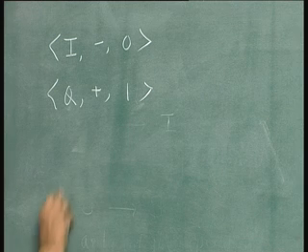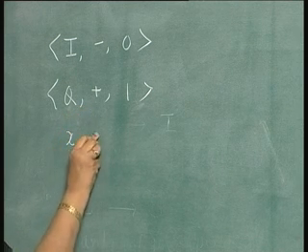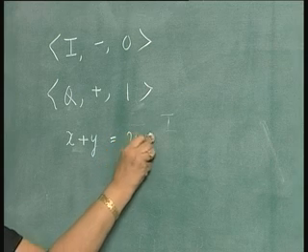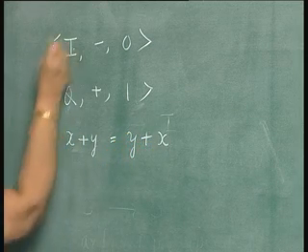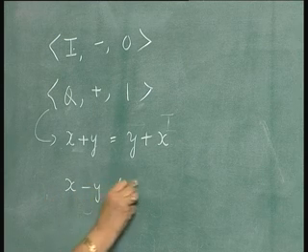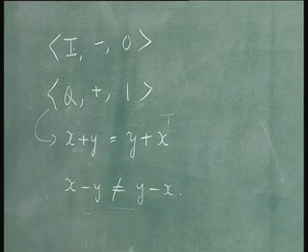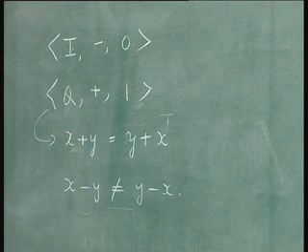For example, if you have here 2 rational numbers, x plus y will be equal to y plus x, the commutative law will hold for this. Whereas, if you take the set of integers and say x minus y, that will not be equal to y minus x. So, that property may not hold here when you take the operation to be minus.